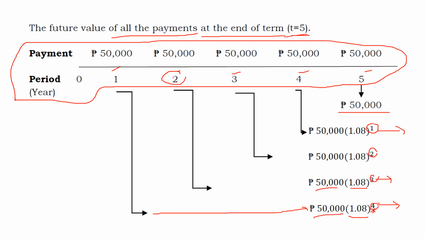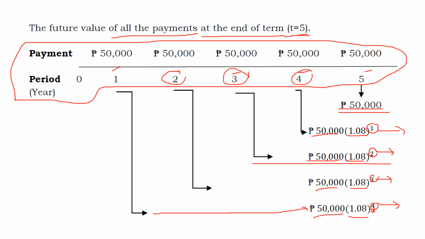In this case, that's why it's 3, because we are now after your second year of payment. And for the third year of payment, after 3 years, it is 50,000 multiplied by 1.08. Why is that? It is 2 because 5 minus 3 is 2. Now, for the fourth year of payment, that is 50,000 multiplied by 1.08 raised to 1. Why is that? It is 1 because 5 minus 4 is 1.